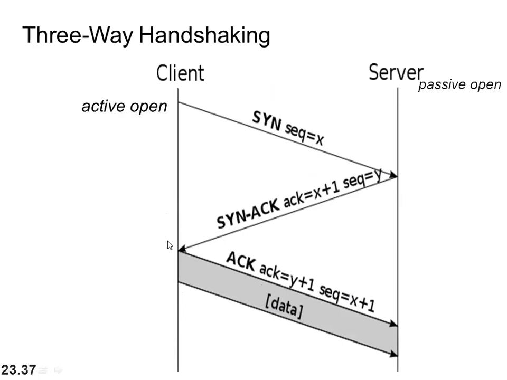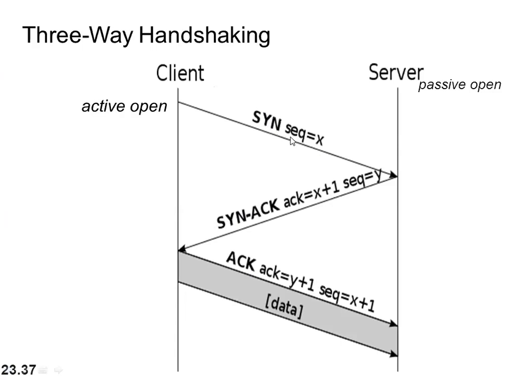And the third communication is the client sending an acknowledgement packet for the synchronization packet of the server. Now the next important thing here is the numbering. The first packet, the synchronization packet which the client will be sending to the server, is going to have a sequence number because this packet needs to be uniquely identified.